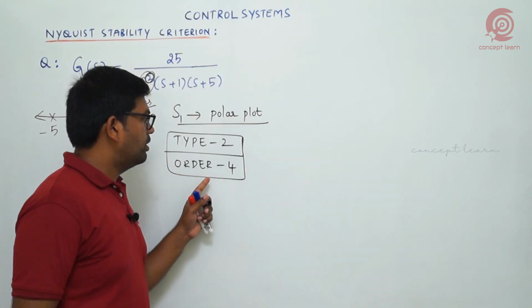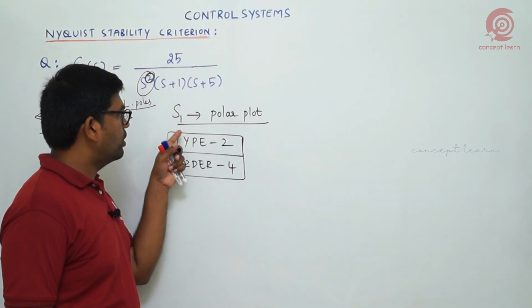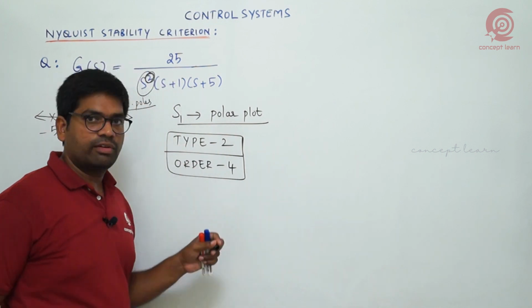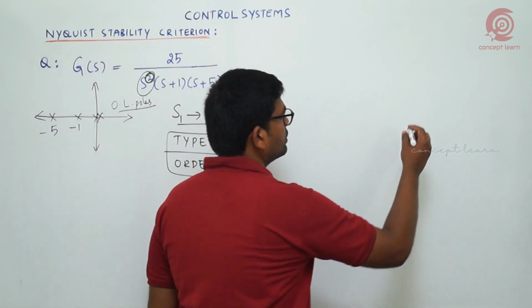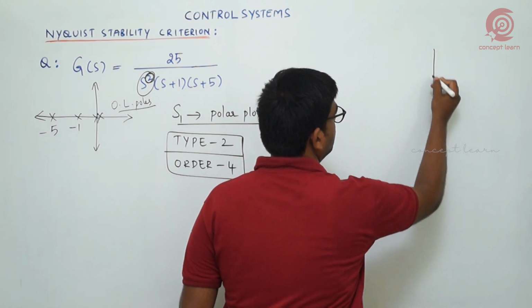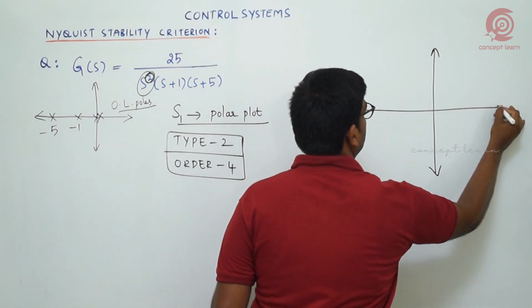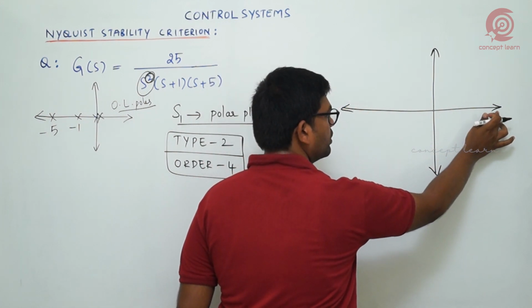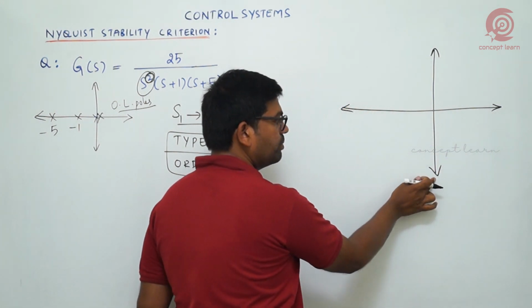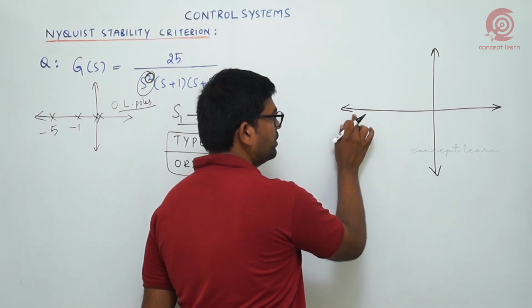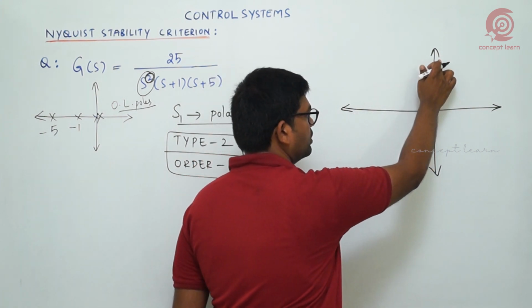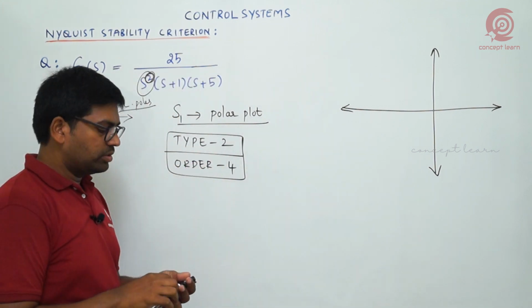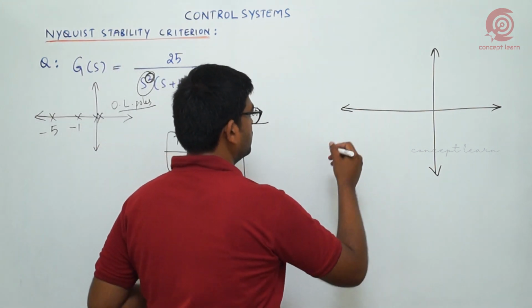When we draw the polar plot, or the S1 path, by using this type 2 order 4, there is a simple technique. Type 0 starts along this axis, type 1 starts along this, type 2 here, type 3 this one. Now it is a type 2 system, so we start along this axis.